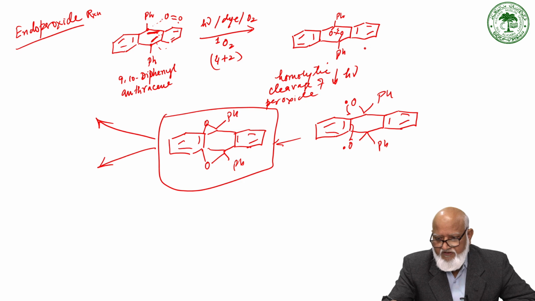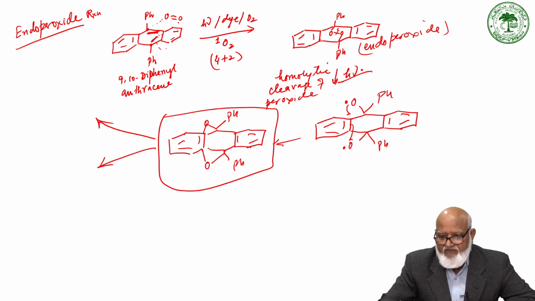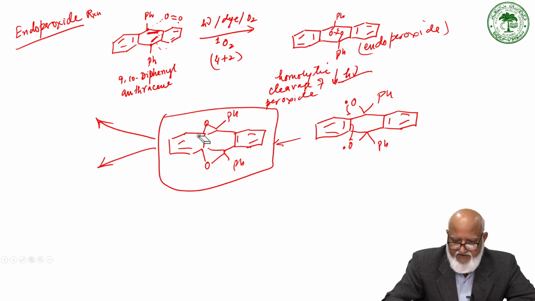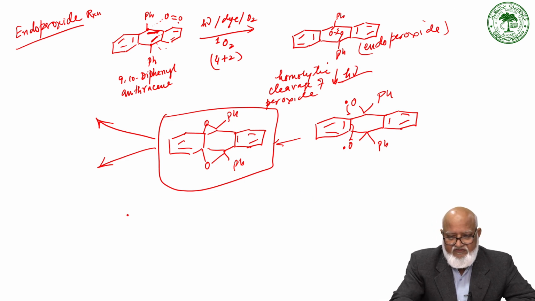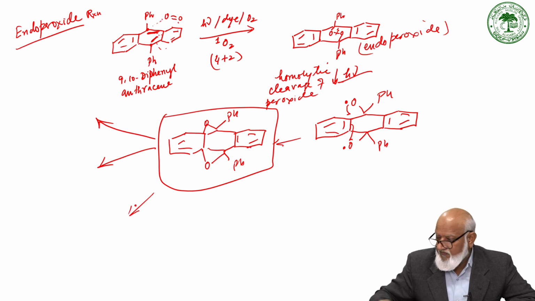This endoperoxide on further photolysis undergoes homolytic cleavage of the peroxide bond to give an oxy radical, and then it adds to this, and then this undergoes further ring expansion product and so on and so forth.